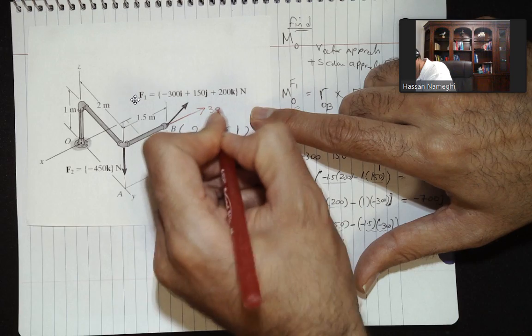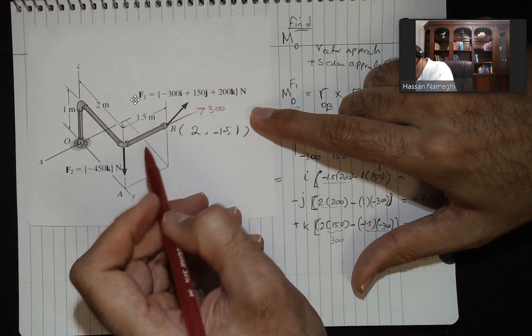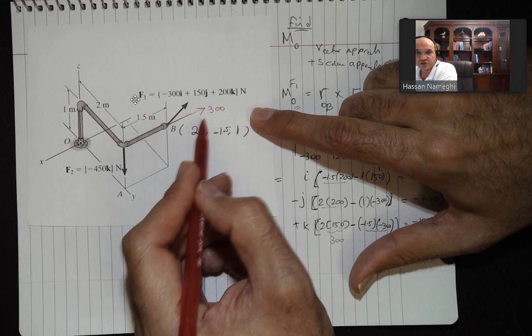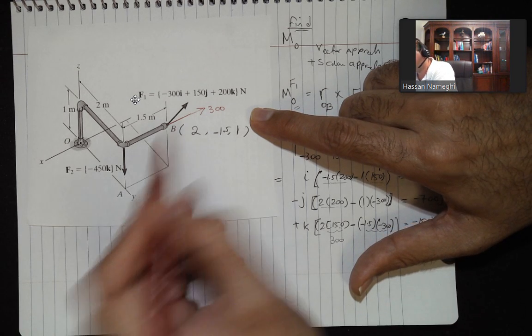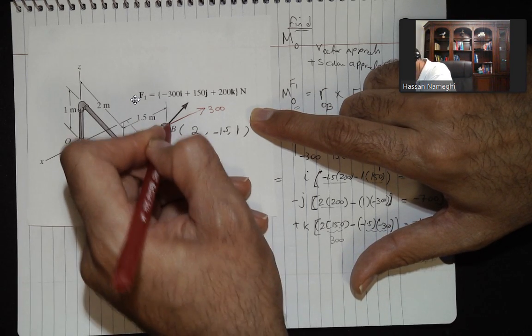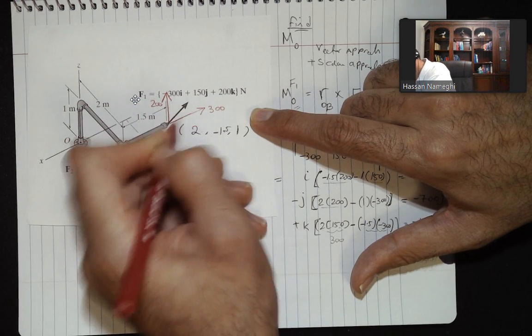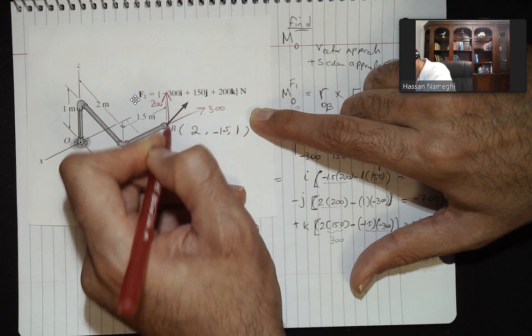So you have 300 here. I didn't put minus 300 because it's already in the direction; when I draw it, you don't put a negative on it. On the z, I have 200, and on the y I have 150.